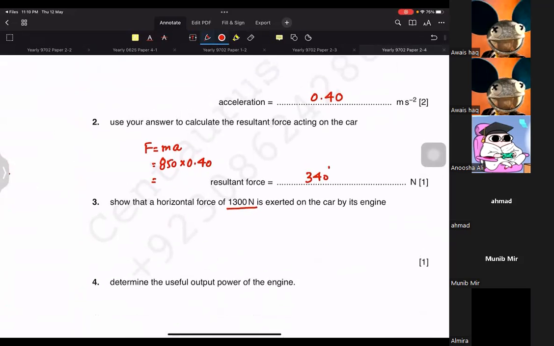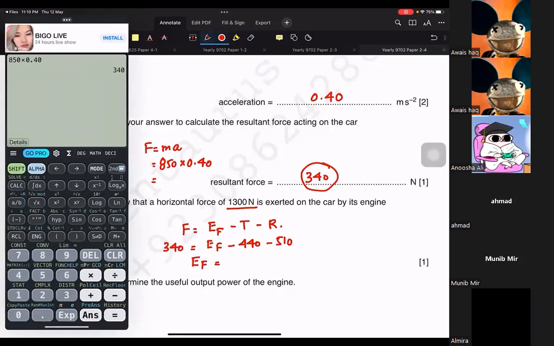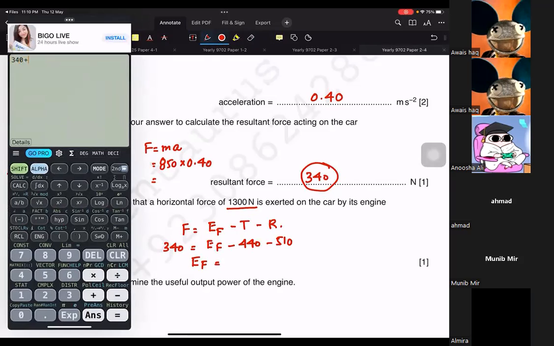So we have the resultant force. The resultant force will be equal to engine force plus the tension plus the resistance, right? So this is 340, this is what we're looking for. By the way, the tension and resistance should be negatives because they're acting in the opposite direction. So that's 440, and that was 510. So the resultant force is going to be, we're going to add them all together.